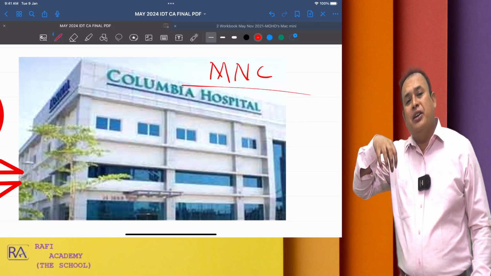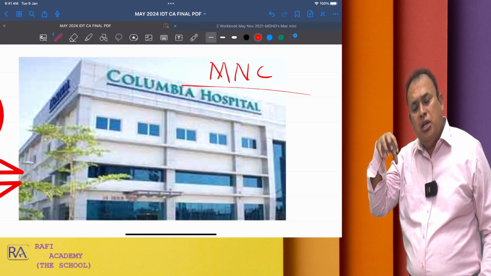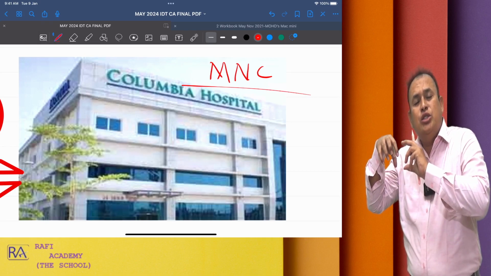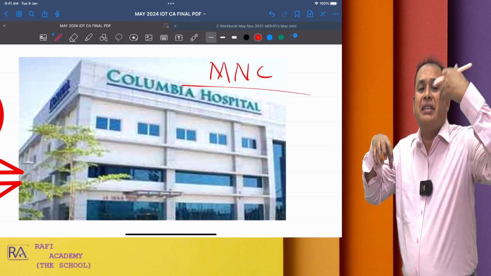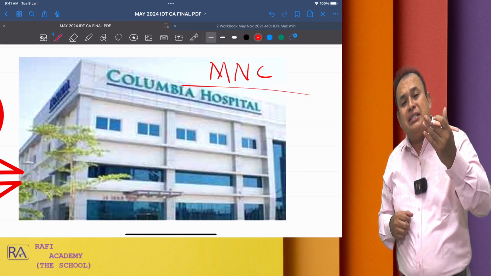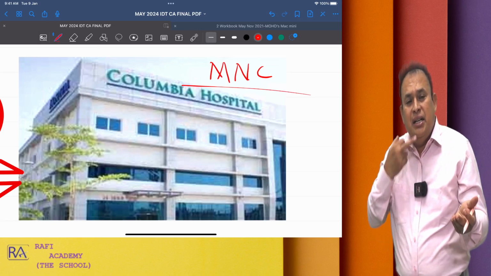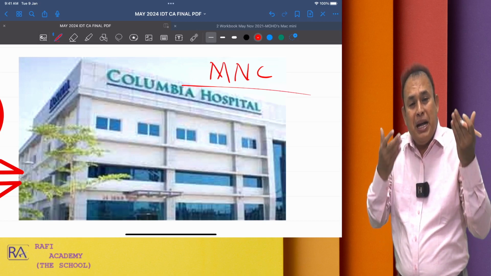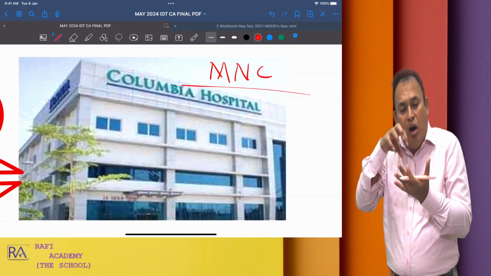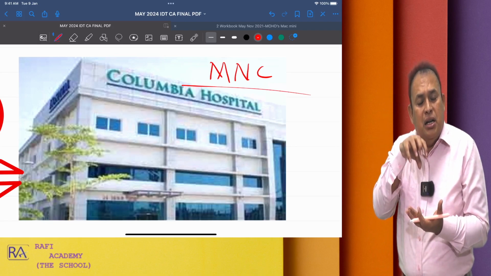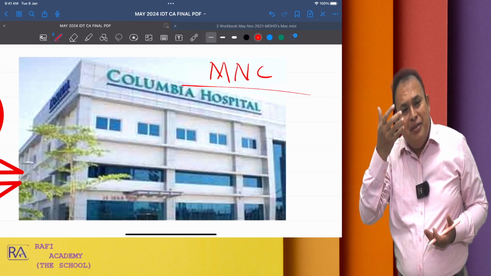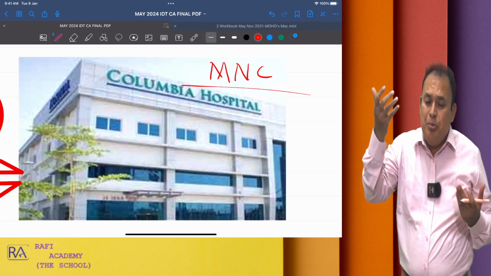They supplied from the head office in Bangalore their employees to the other branches in other states. Other branches means the branches belonging to Columbia Asia Hospitals, head office in Karnataka, branch offices in other states, having the same PAN number, multiple registrations.